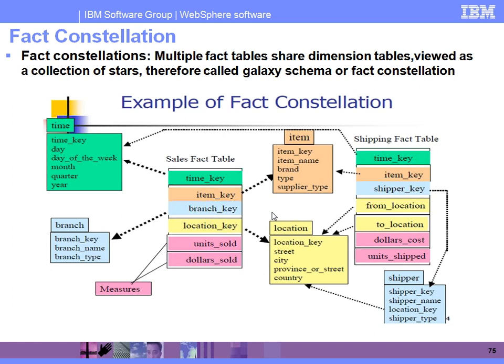What is that fact table we have here? That particular fact table is going to maintain denormalized data. The data in the fact table is completely denormalized, and in the dimension tables we are going to follow normalized data.